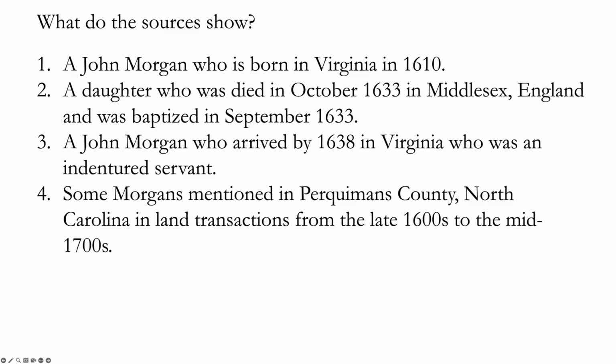Some Morgans are mentioned in Perkins County, North Carolina, in land transactions from the 1600s to 1700s. Like I said, Morgan's a very common name. It doesn't say anything about where they are. When I mentioned earlier, what I would end up doing is actually trying to find those sources, read the information, and look at it to see if that was true.